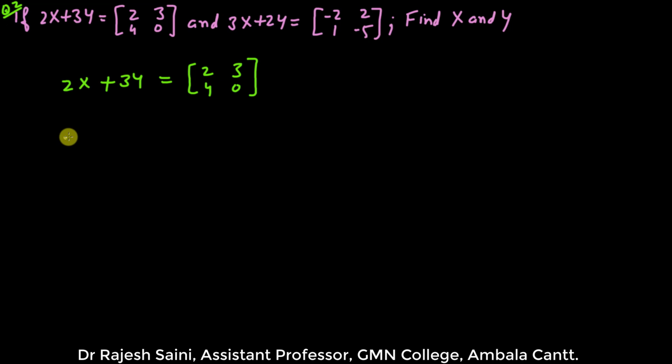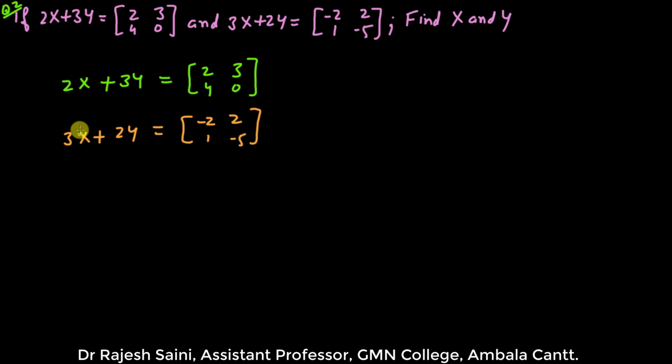And now we'll write 3X plus 2Y equal to the matrix minus 2, 2, 1, minus 5.